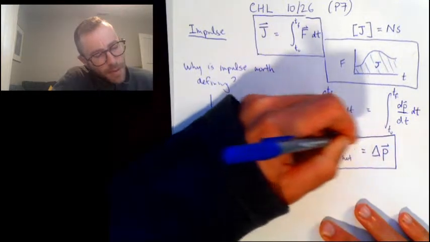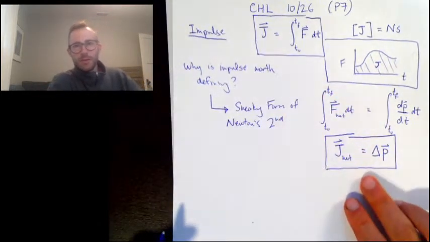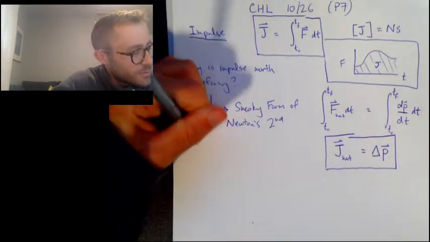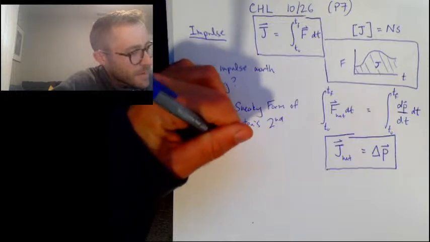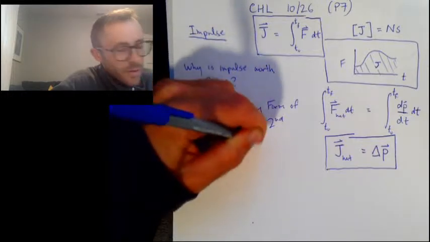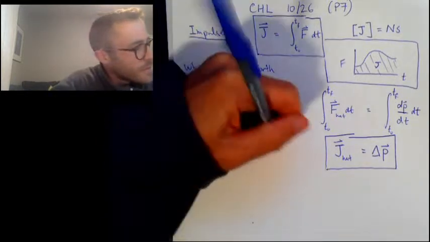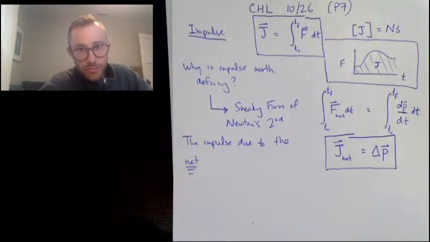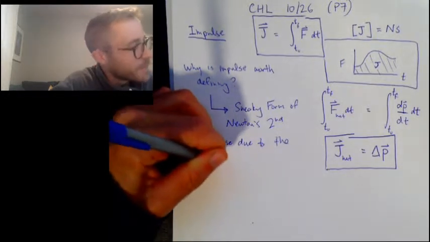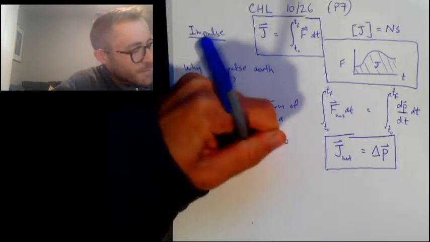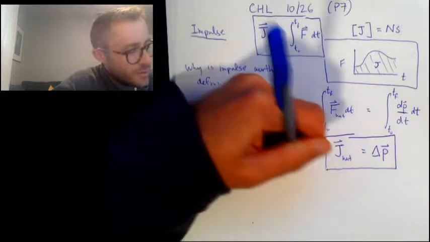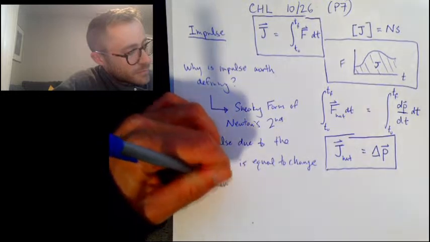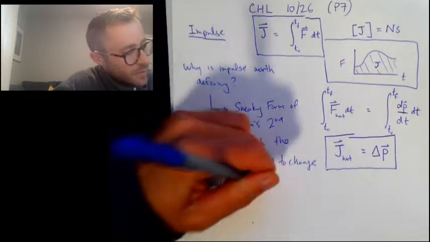So this is probably our main result for today. And what it says is that the impulse due to the net force, that's important, is equal to the change in momentum of the object.